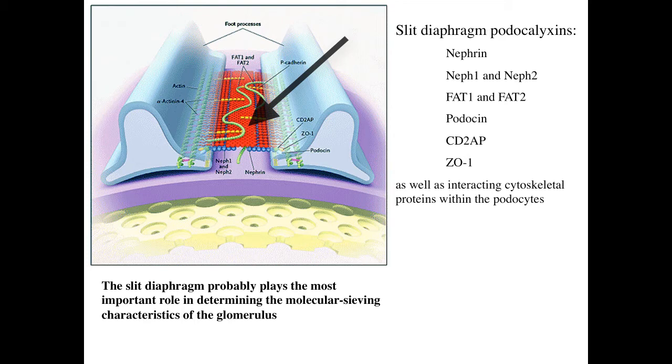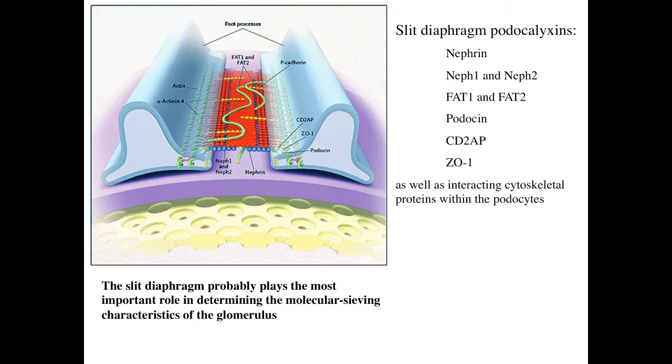The slit diaphragm contains a variety of podocalyxins. I'm not going to expect you to remember these for an exam, but some of these podocalyxins would be like nephrin, Neph1 and Neph2, FAT1, FAT2, podocin, CD2AP, and zonula occludens 1.